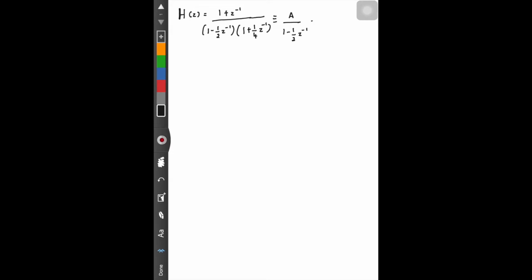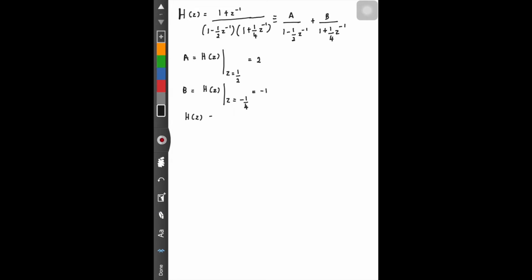So we have A over 1 minus half z^-1 plus B over 1 plus 1/4 z^-1. Basically, to use partial fraction, you need to substitute your z value. So you substitute z equal to half, and you will get A equal to 2. For B, you substitute z equal to minus 1/4, and then you will get minus 1.